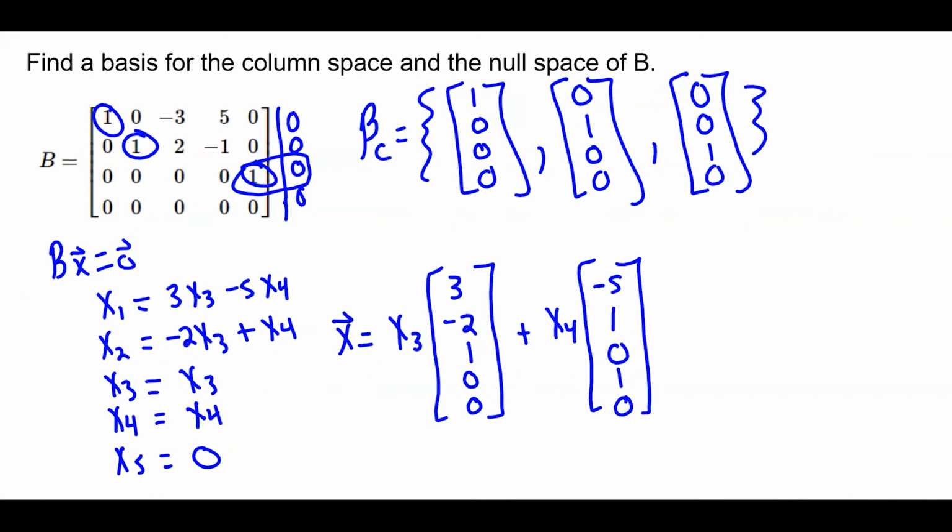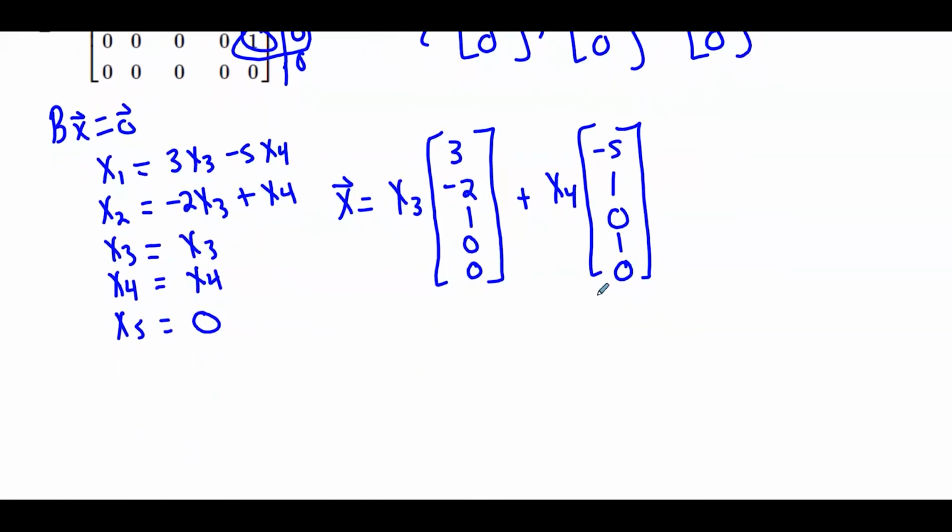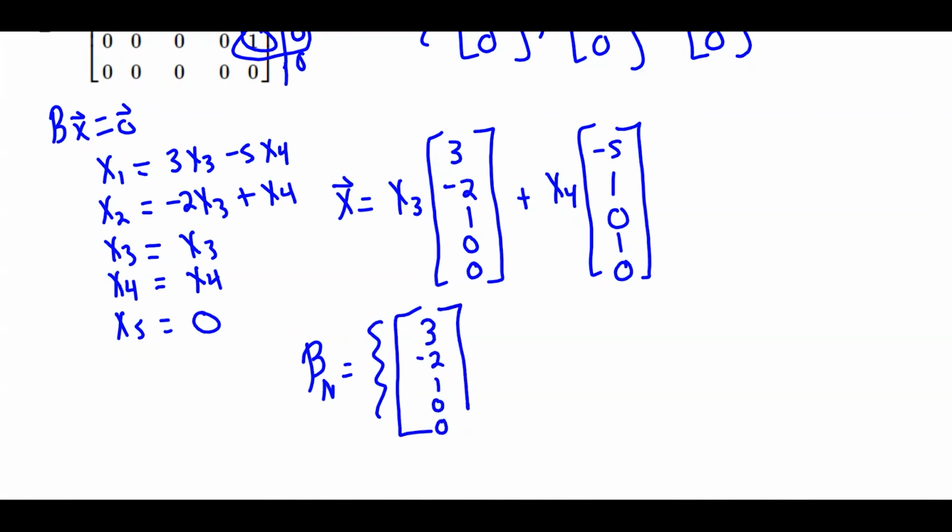These two vectors are independent. They span the null space, because they're all the solutions to Bx equals 0. So it's different linear combinations of these two vectors. So the basis for the null space here is just the set that has these two vectors inside.